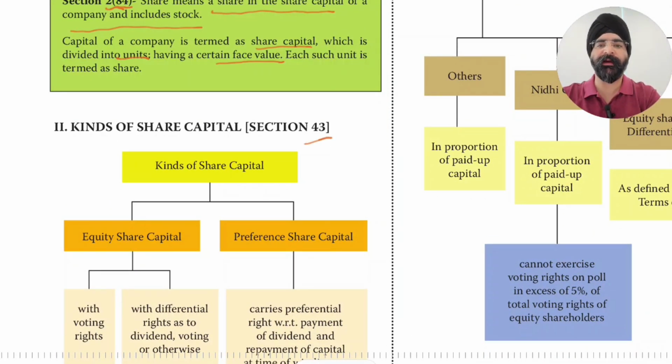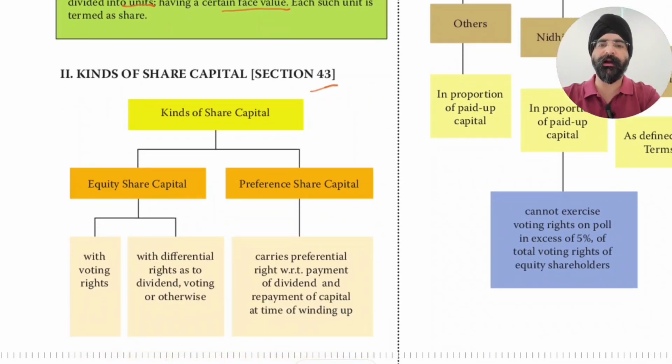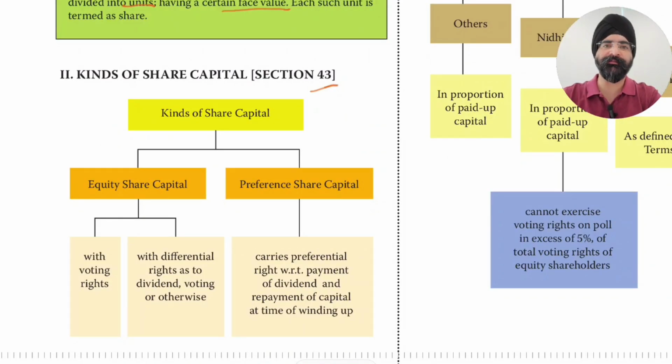Section 43 provides that there are two kinds of shares, which can be further divided. First is equity shares, which we normally see, and next is preference shares, which have certain preferential rights. Equity shares are also of two kinds: equity with voting rights, and equity with differential rights as to dividend, voting or otherwise.